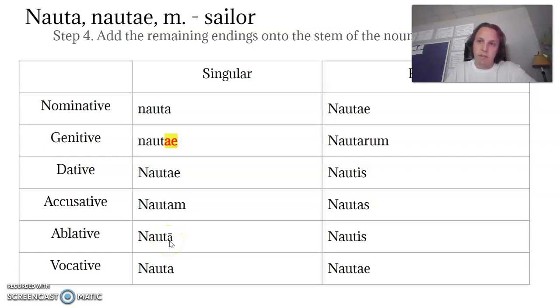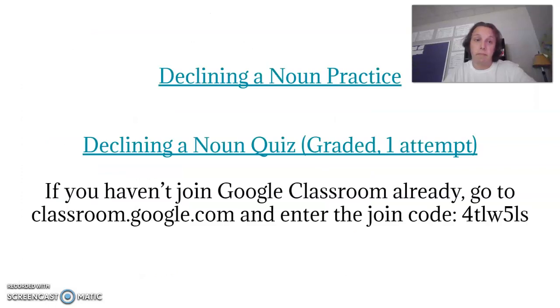Typically in quizzes and stuff, it may be hard depending on your device to get to a long A. You can just show this as an A followed by an asterisk. The ablative singular of the first declension is really the only time I'm going to particularly care about the long mark for now because it changes the meaning of the word. So either way, that's basically how you break a noun down and decline it.